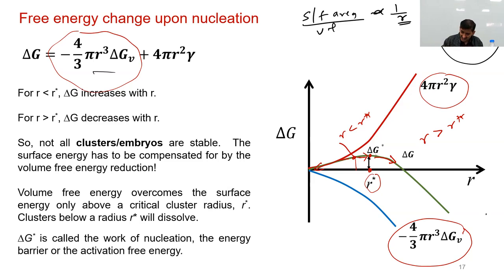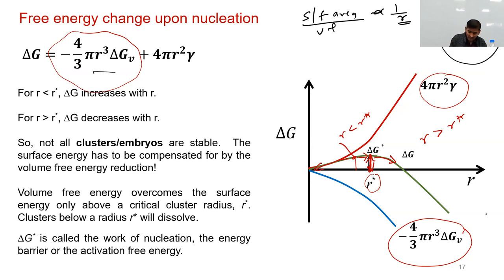This barrier, the change in free energy associated with the formation of a cluster of radius R star, is called delta G star. I'll repeat: a cluster which has that critical radius R star is called the critical sized cluster, and the free energy change delta G associated with the formation of this cluster size is called delta G star.